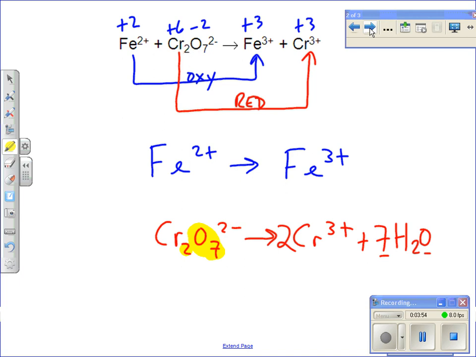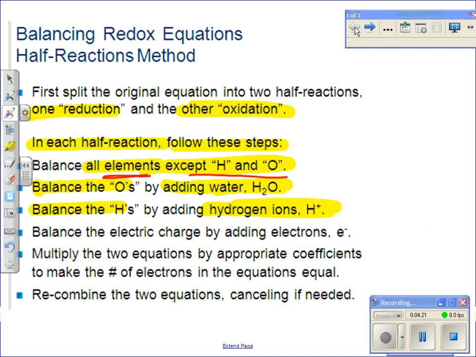If I look at the bottom one, right here, I have the coefficient and the subscript multiplied together. I have 14 H's, which means I have to put another 14 H's on this side. So I add 14 H plus, and now all my H's are balanced, which brings me to my next step.